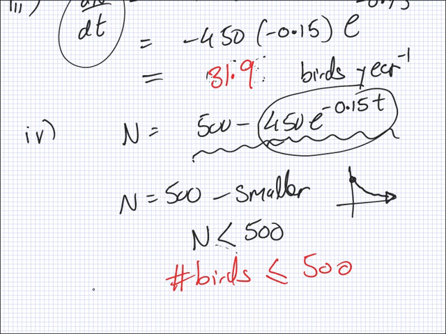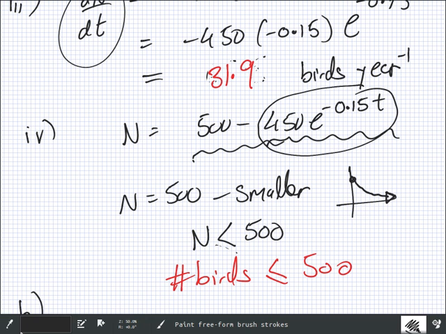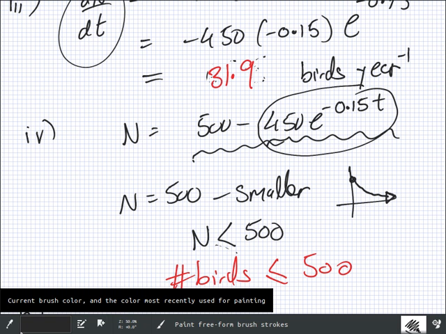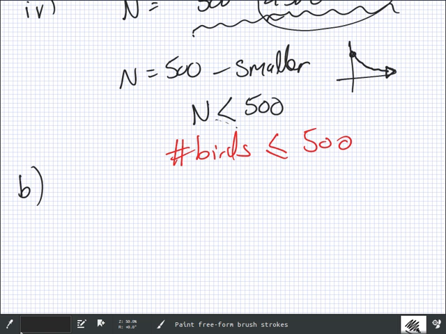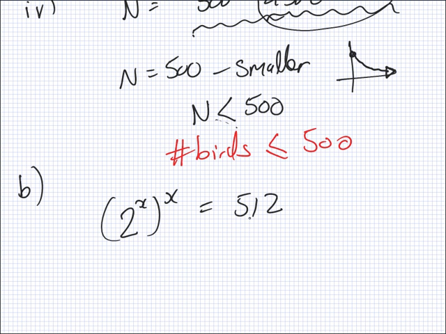Okay, part B now. 2 to the power x squared equals 512. What should I do first? Multiply the powers. Yeah, so I get 2 to the x squared. 2, 4, 8, 16, 32, 64, 128, 256, 512.